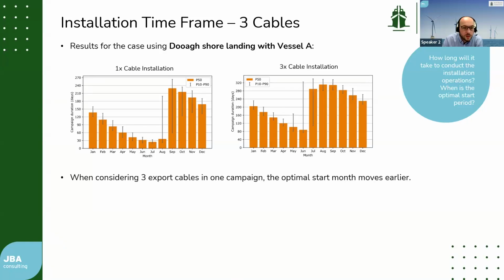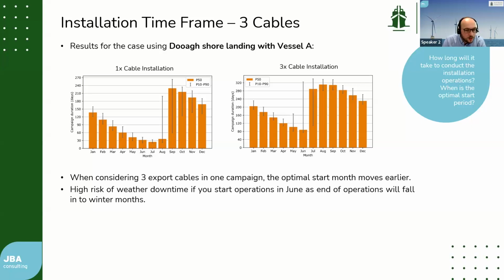But we can see that when we move to installing 3 cables, that optimal start date actually moves earlier, and this does make sense because you don't want to end up installing your last cable in the winter months, which will cause significant weather downtime.